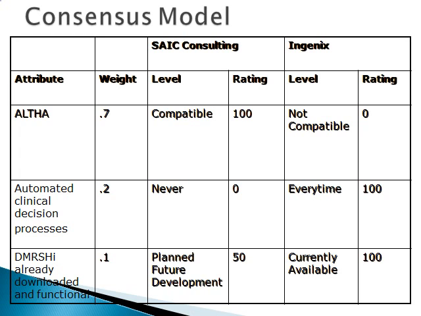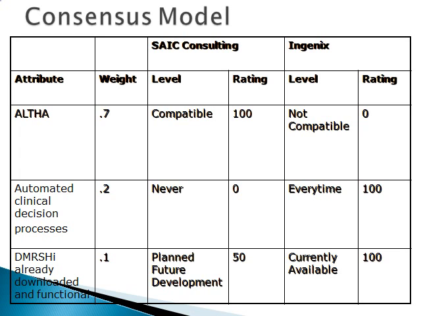Once we've decided what the attributes are going to be and how important they are for each person who is part of the decision-making group, we do a consensus model and we put up on the wall what's under consideration and how that was weighted in a consensus way by everyone, averaging that out.